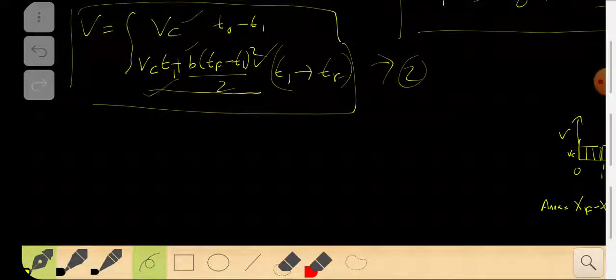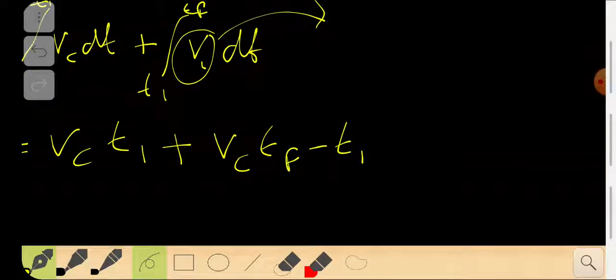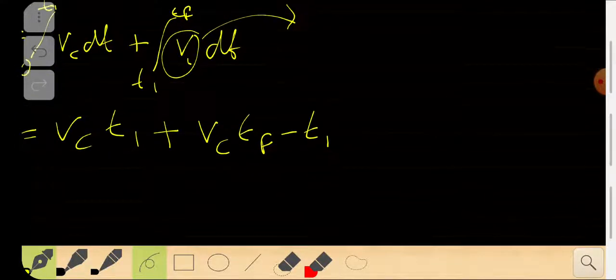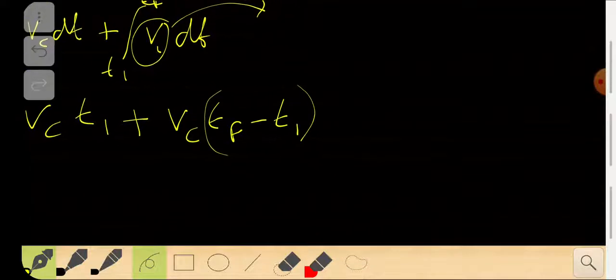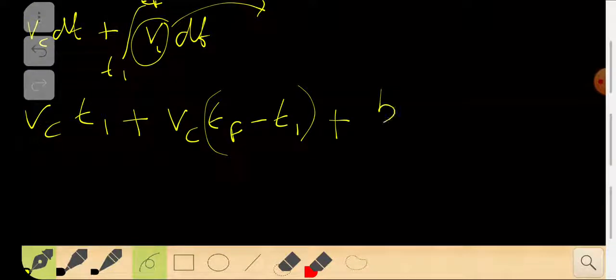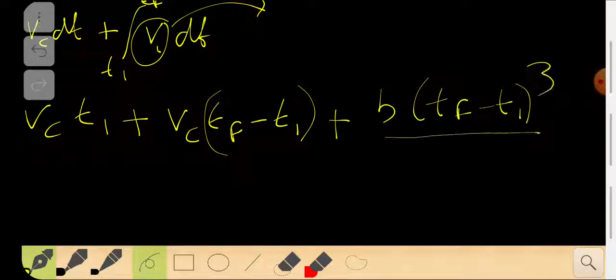So when you integrate that within the limit t1 to tf, you get vc times tf minus t1, plus b times tf minus t1 the whole cube by 6.